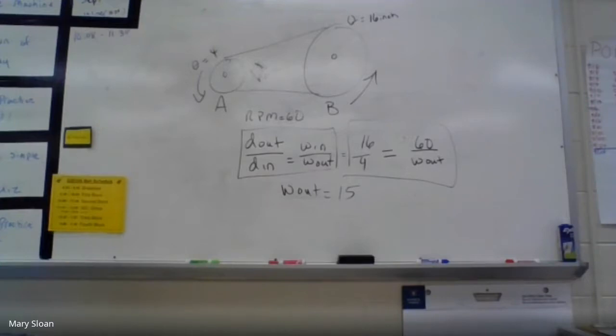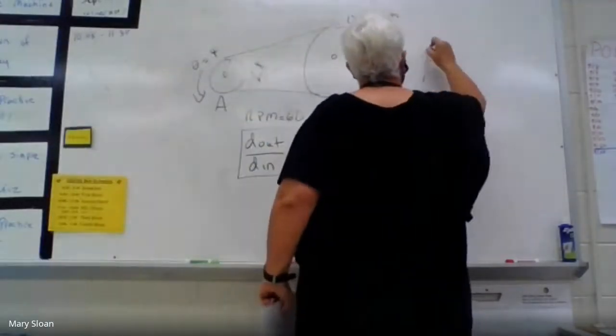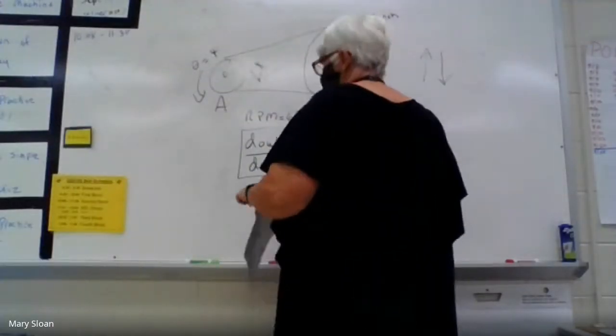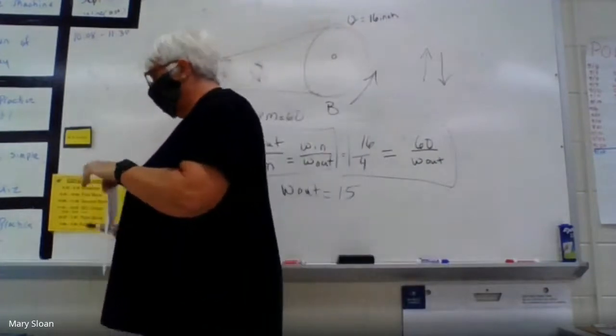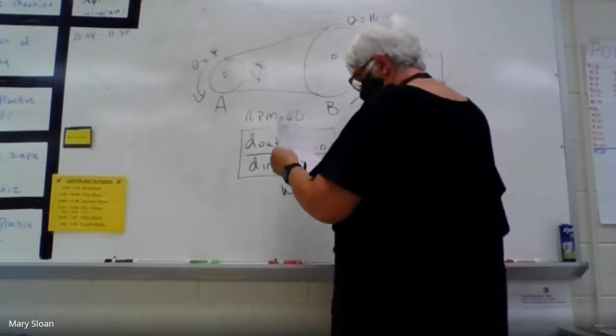Okay, when calculating gear ratio, which of the following has an indirect relationship with each other? What that means, indirect means that something goes up and the other one goes down. Which one of these is an indirect relationship? A, B, C, or D?